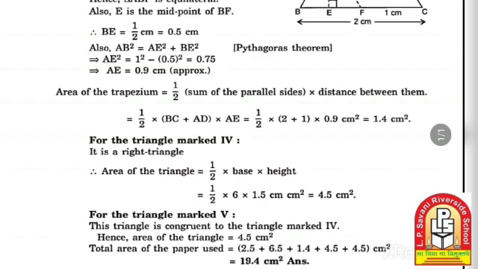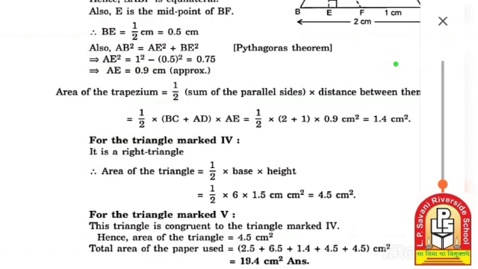Then for the triangle mark V, this triangle is congruent to triangle mark IV, hence the area of the triangle is 4.5, because 4 and 5 are the same. Then the total area of the paper used: there is one nose of that triangle, then the 2 wings and 1 rectangle and 1 trapezium.